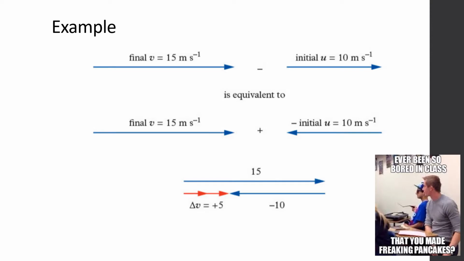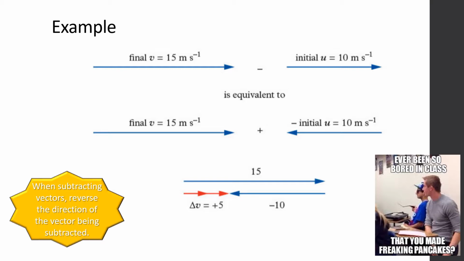Well, let's think about a simple linear motion equation. We've got an object travelling from left to right at 15 meters per second in its final velocity, with an initial velocity also from left to right of 10 meters per second. That is equivalent to, if we have a final velocity of 15 meters per second and we add it to an initial velocity that was going from right to left rather than left to right, so it then becomes a negative velocity.